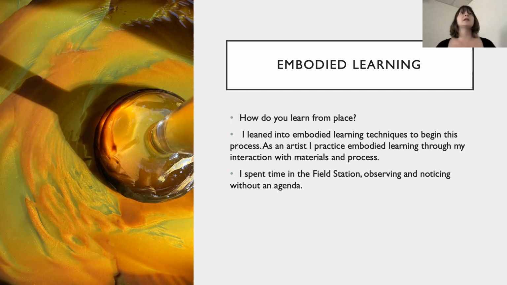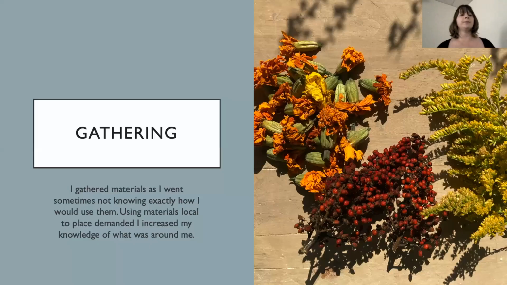If I knew what I was going to do, or I had a plan, which as a grad student it was hard not to want to have, it would really distract me from being present in place, which is something I will talk about as I go along too. So one of the activities that I did do, other than being in place and listening, was a lot of gathering of different materials.